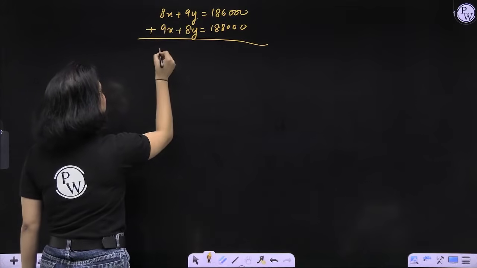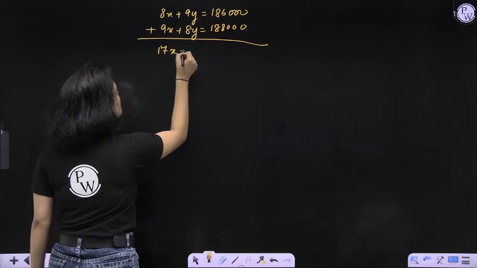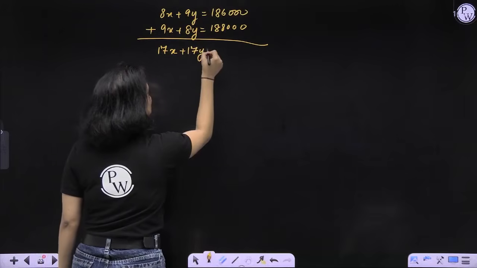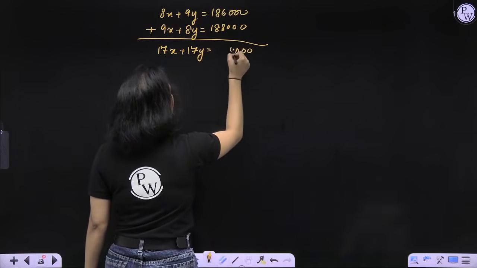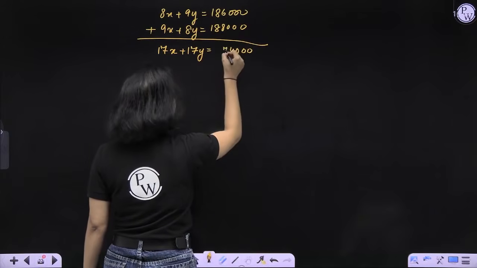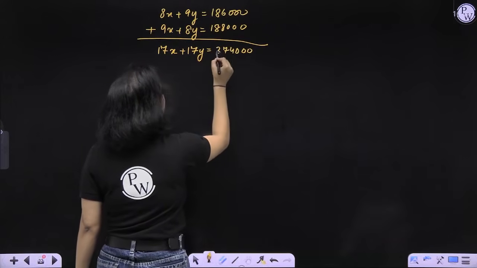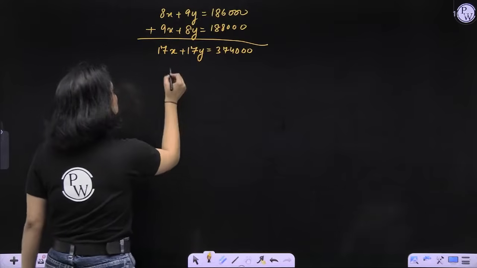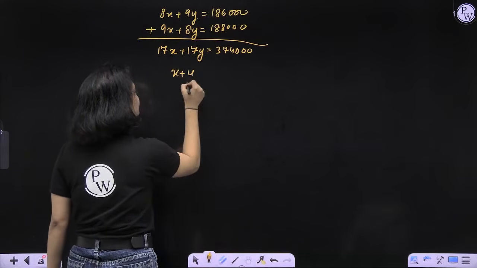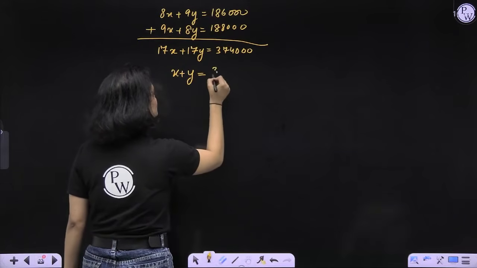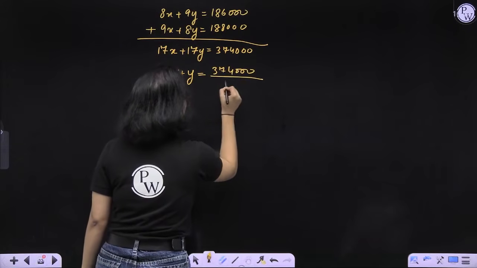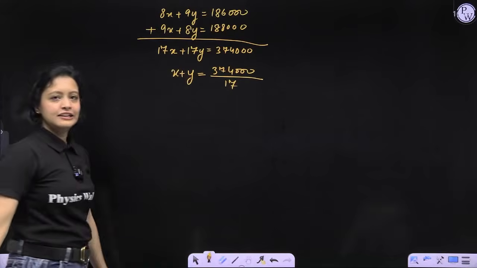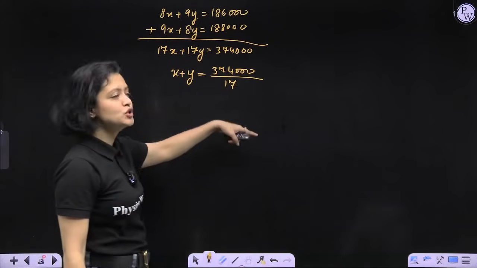So what do you get? 17x plus 17y is equal to 374, then 3 zeros, right? So now here you can take 17 common and throw it on the other side. So you have 374000 divided by 17. Right, everyone?